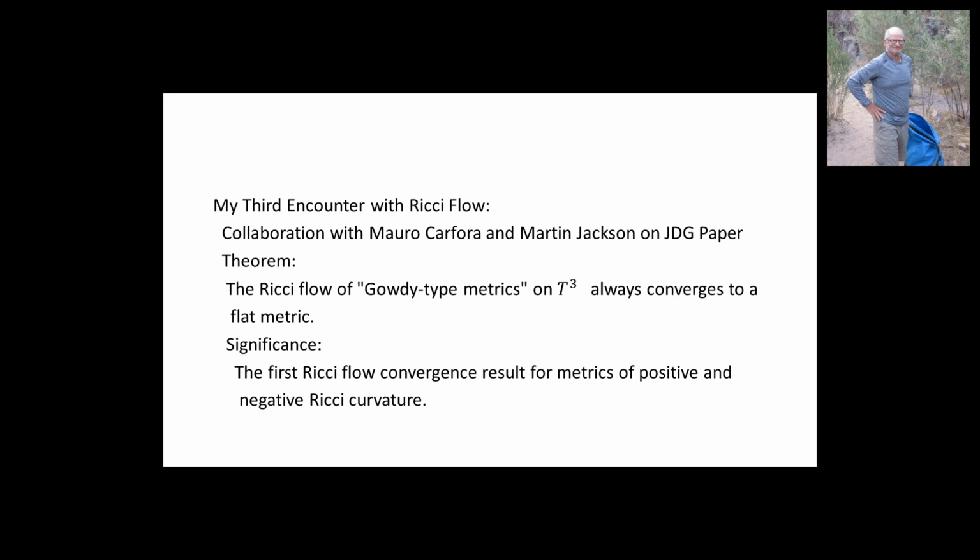So the significance of this result is that I believe this was the first Ricci Flow convergence result for metrics which have both positive and negative Ricci curvature. We were able to publish this result in JGG.